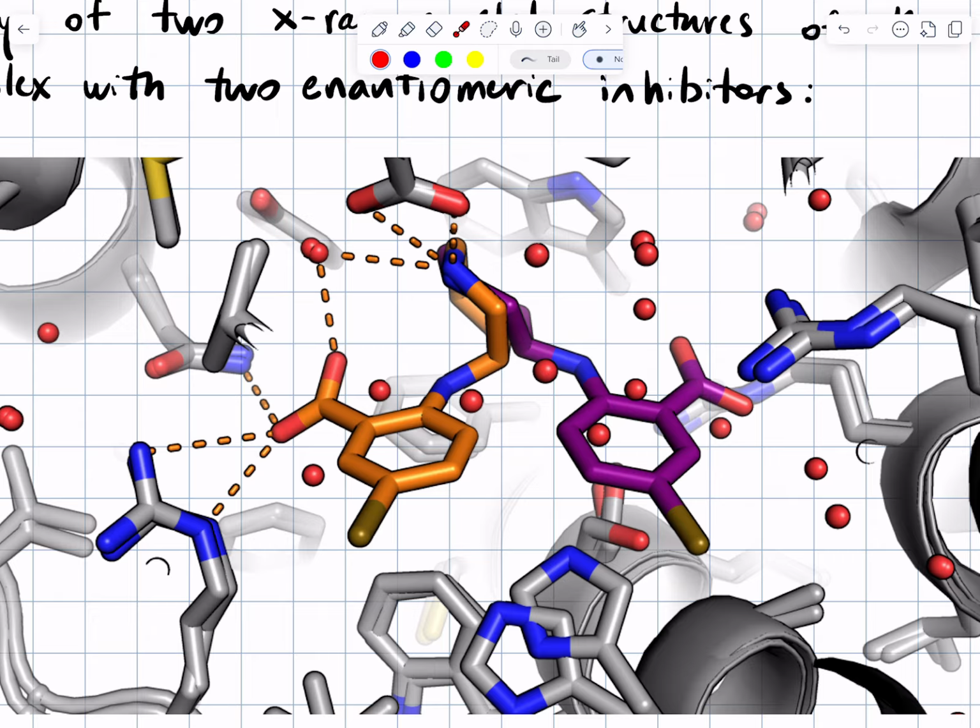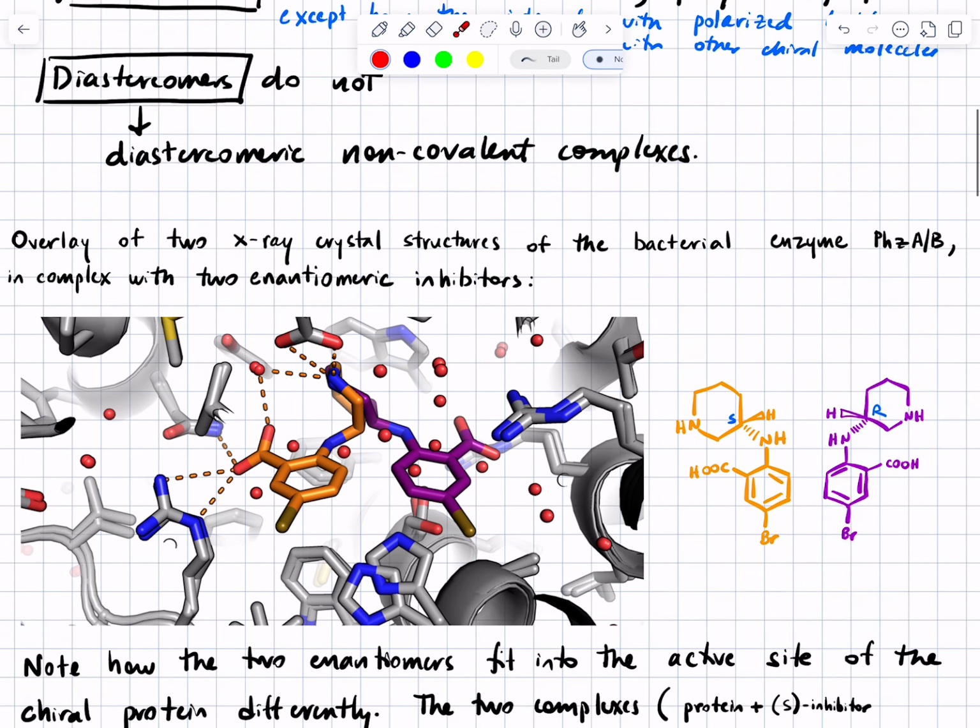So the point is, what I'm showing you is an overlay of two diastereomers. The diastereomer where the protein is bound to the R enantiomer, and then the diastereomer where the protein is bound to the S enantiomer. And you can see they fit in there differently, all right?